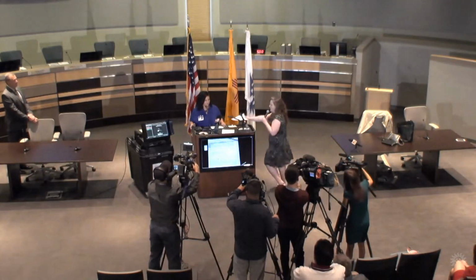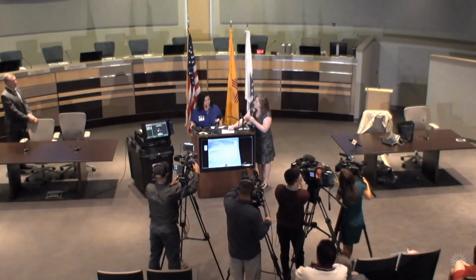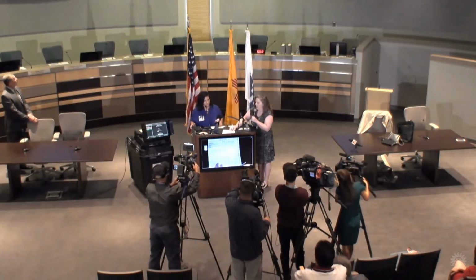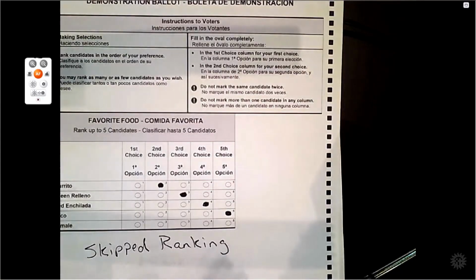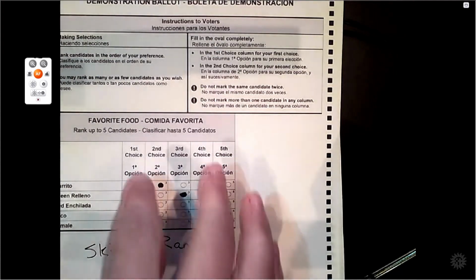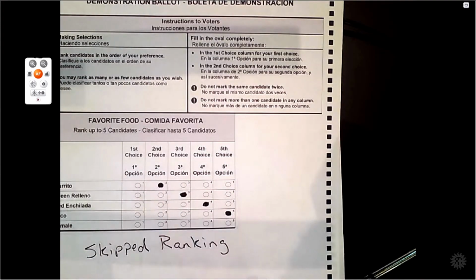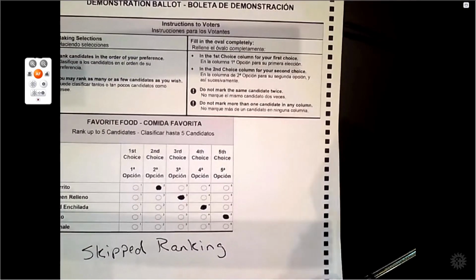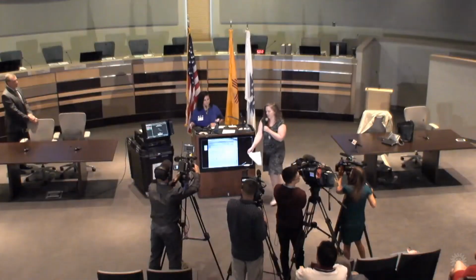If you notice in this chart, what would happen is that the tabulator would notify the voter, and I will show this in a second, that they skipped a ranking. Should the voter choose to cast the ballot anyway, even with the error, it would start with the first eligible vote for that round. So let me show you what it does on the tabulator.